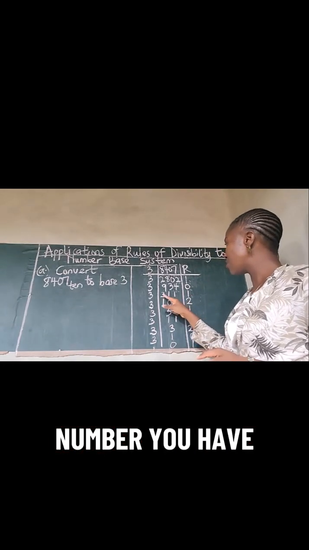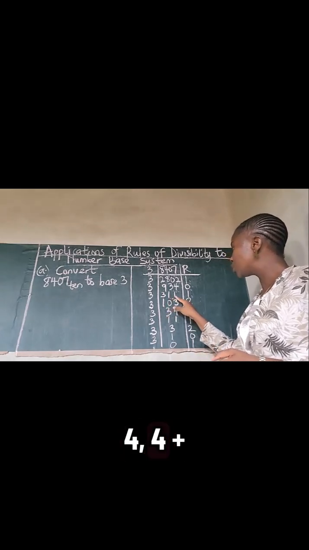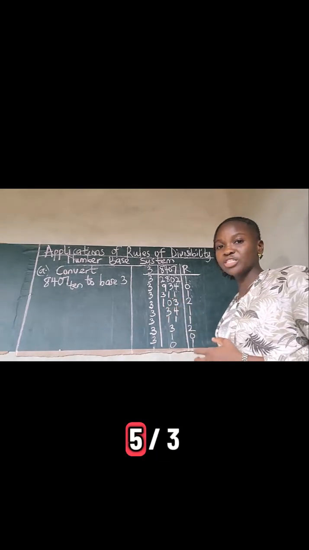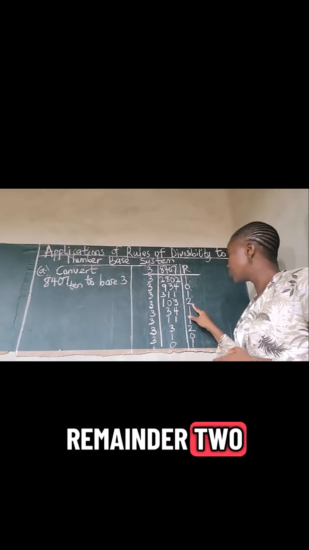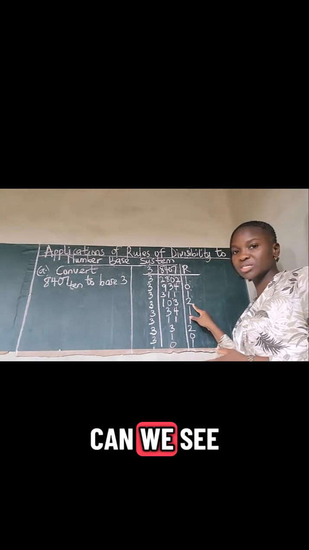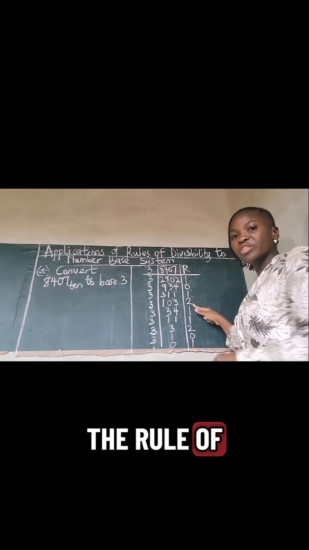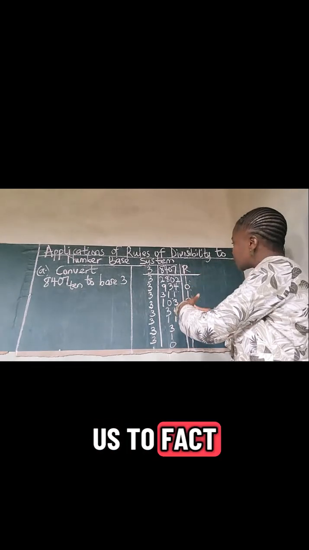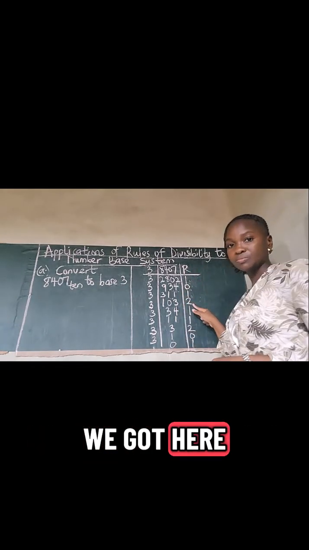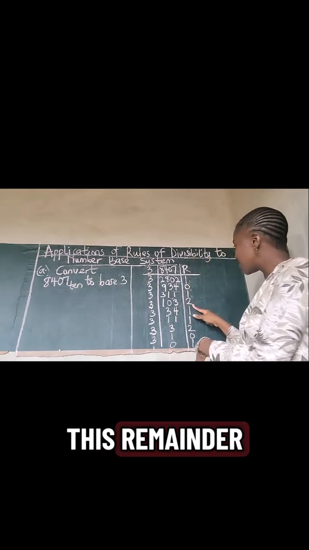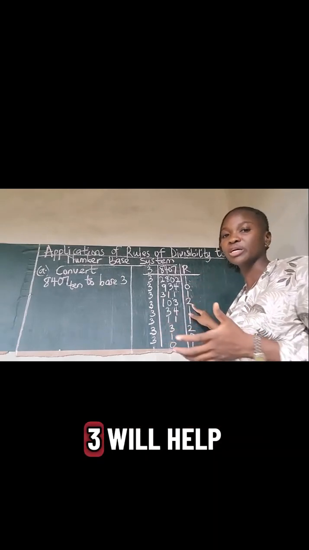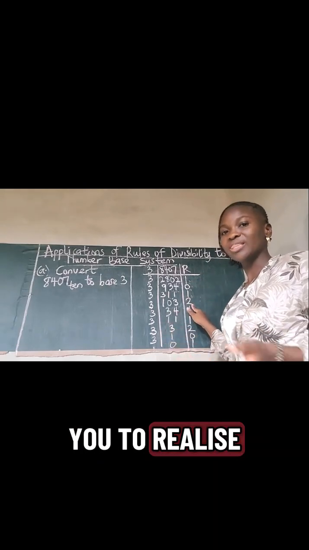The next number, you have 3 plus 1, 4. 4 plus 1, 5. 5 divided by 3, you have 1 remainder 2. Can we see that the rule of divisibility for 3 is helping us to fact check the remainders we got here? So in case you've made any mistakes in getting these remainders, the rule of divisibility for 3 will help you to realize that mistake.